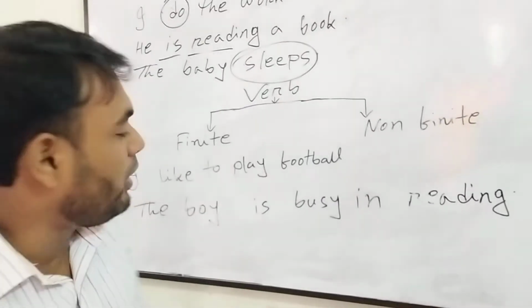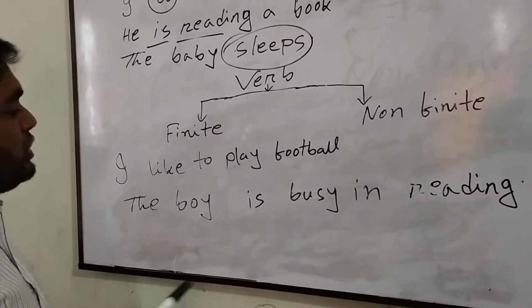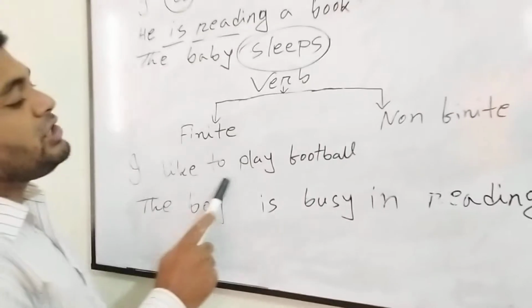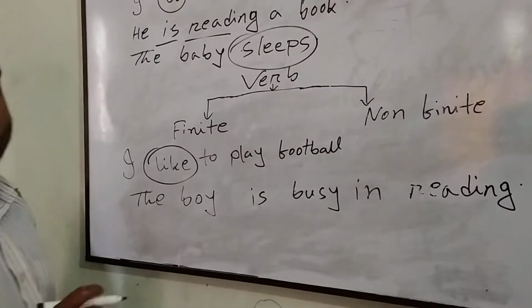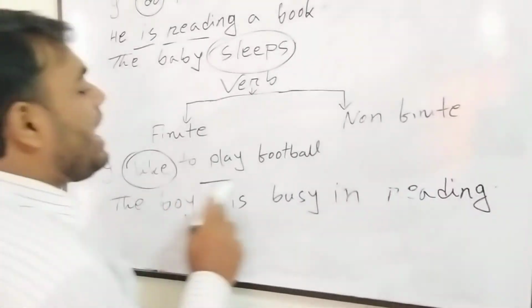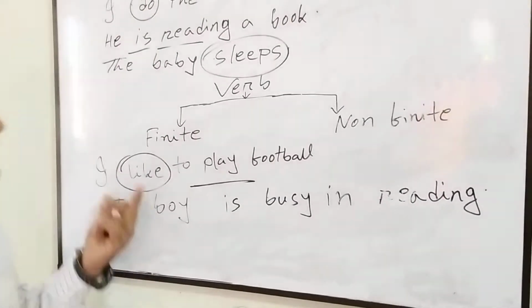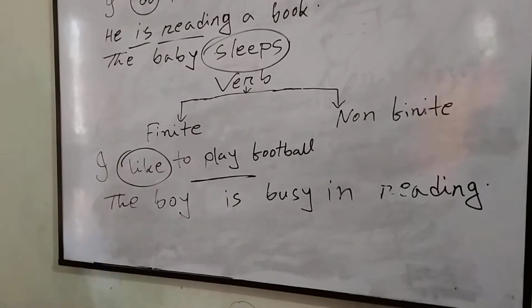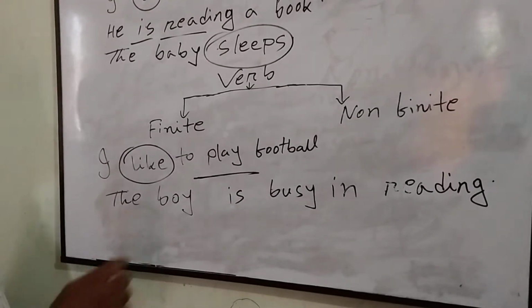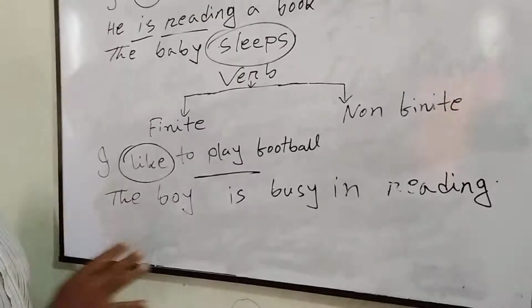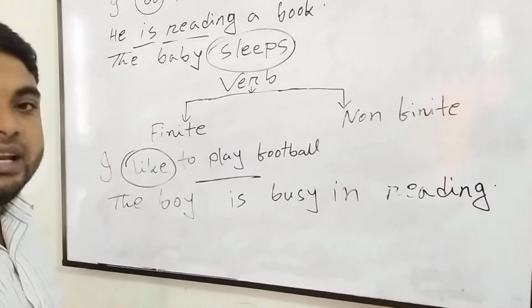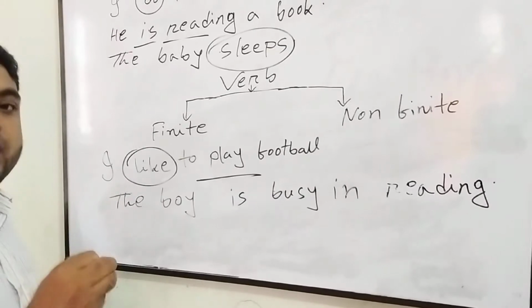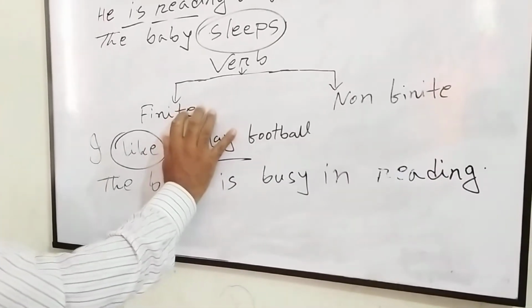Okay? Suppose here I have written two sentences. I like to play football. Like is a verb. Here, play is also a verb. But there are two verbs in this sentence. I have told you a finite verb can complete a sentence and can explain its meaning without the help of non-finite verb.